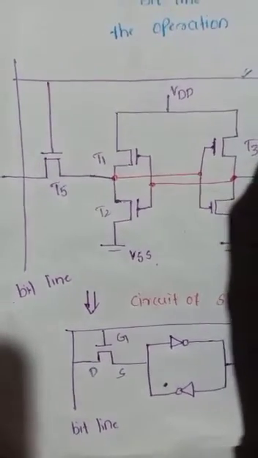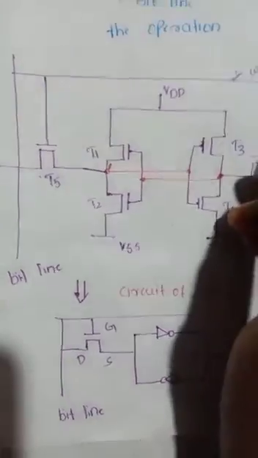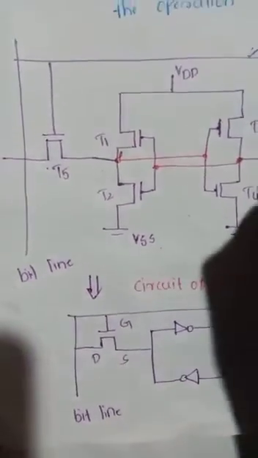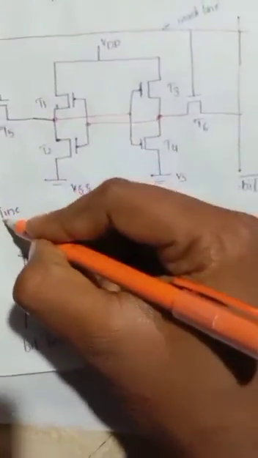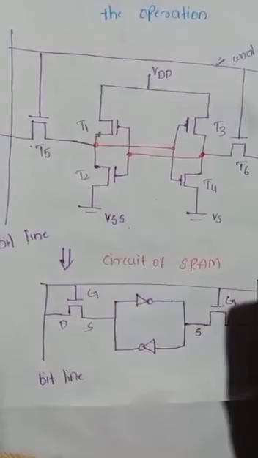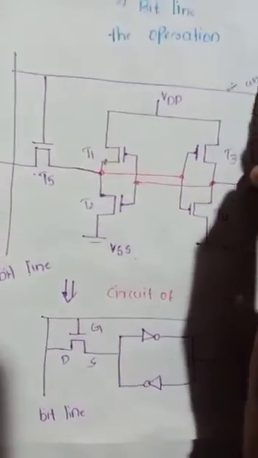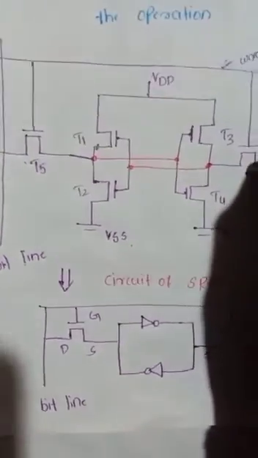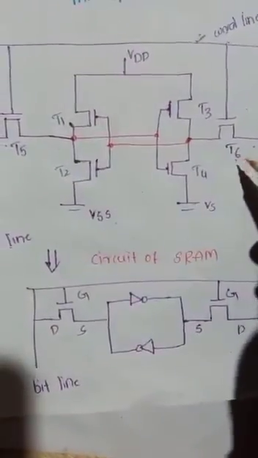When the word line is high, it means the word line is 1. The two transistors T5 and T6 are on. In this way, the operation will be performed through two bitlines, bitline and bitline bar. When the word line is low, or 0, the two transistors T5 and T6 are off.